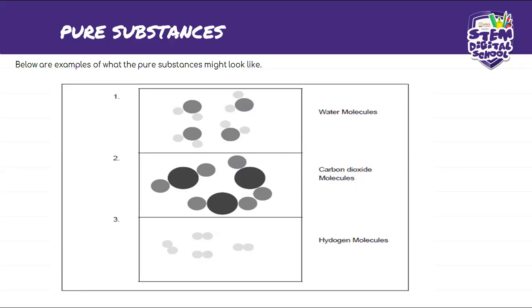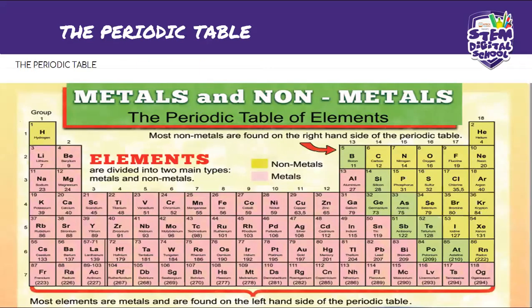All right. Then we also looked at the periodic table, which contains metals and non-metals, and between the metals and the non-metals we have what are called semi-metals or the metalloids.